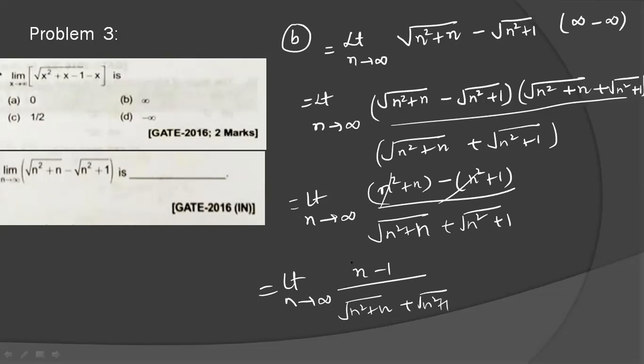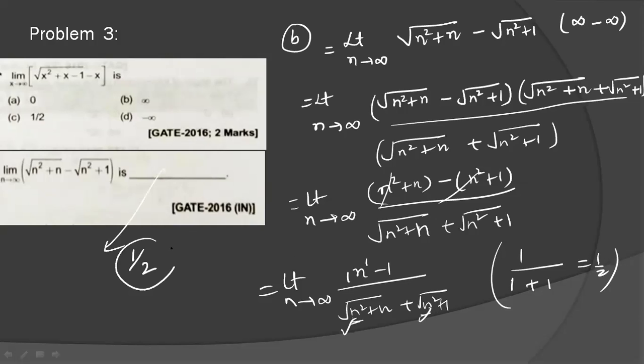The highest degree in the numerator is 1 and the coefficient is 1. The highest degree in the denominator is also 1, but the coefficient occurs at two places. Here the coefficient of n is 1, here the coefficient of n is 1. N square goes outside the under root as n only, and the coefficient will be 1. So 1 by 2. Another method: you take n common from numerator and denominator both, and you will get the answer. So the answer for this question is also 1 by 2.